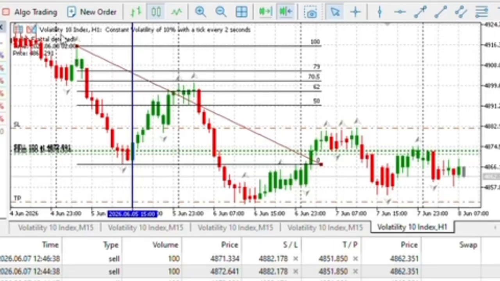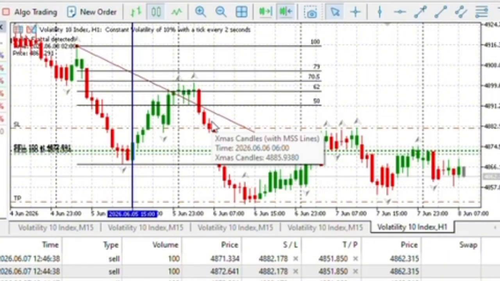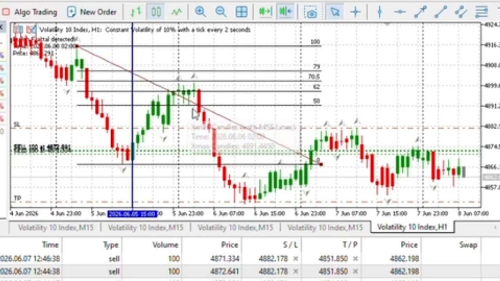And by the way, I'm using Volatility 10 index, this synthetic index, to show this. But you can use this for any asset of your choice. But I generally use Volatility 10 index for demonstration, or gold.